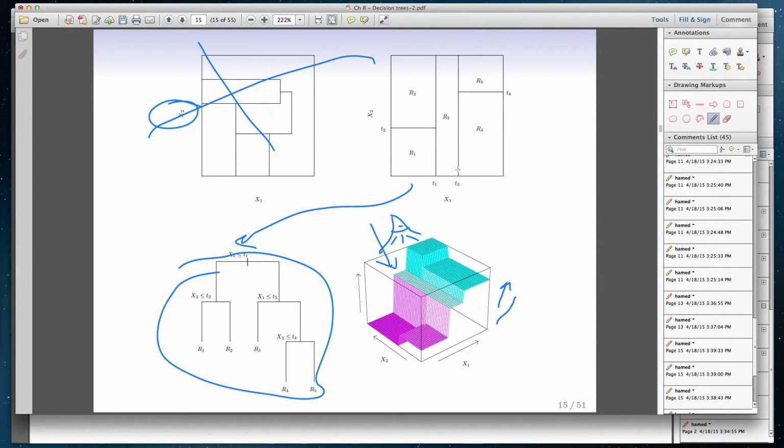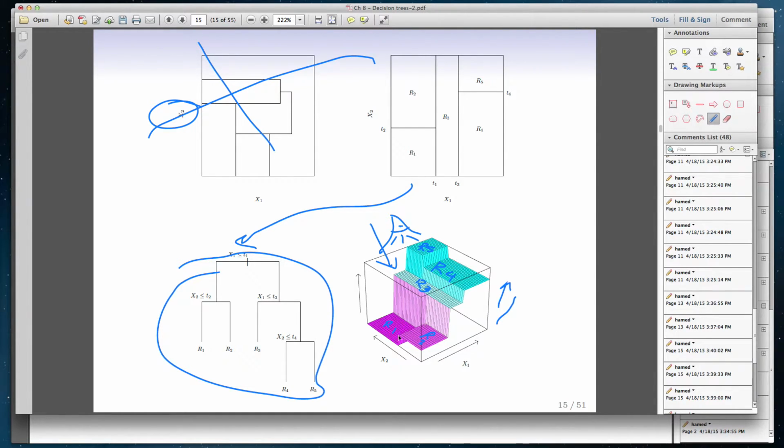So you can exactly see this region. This would be R1, this would be R2, this is R3, this is R5, and this is R4. So your prediction for each one is the height of this.